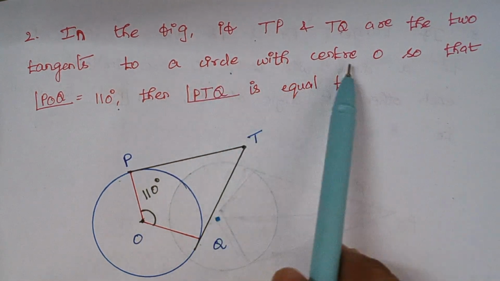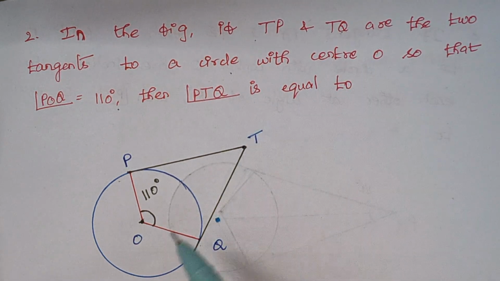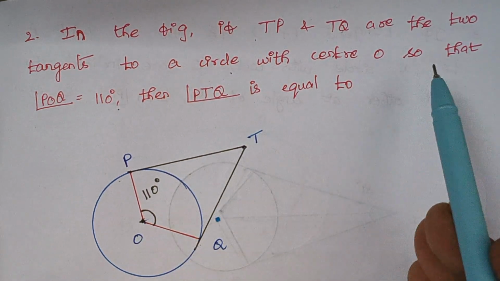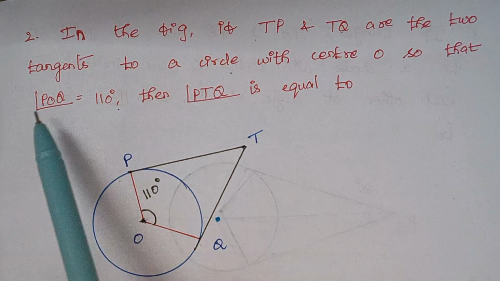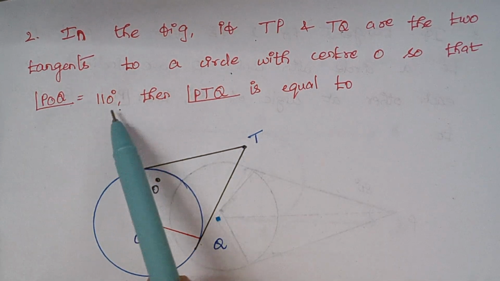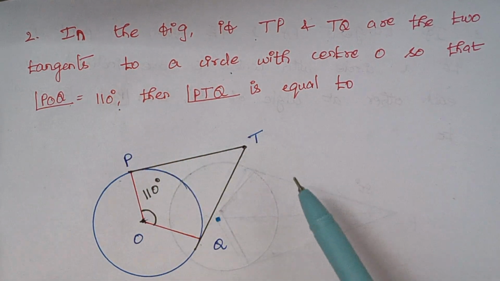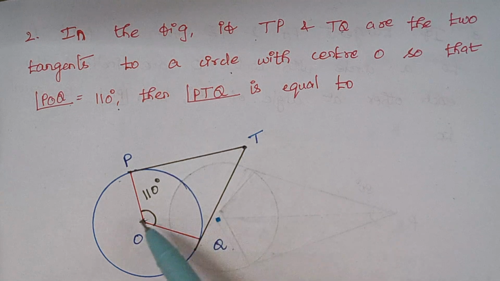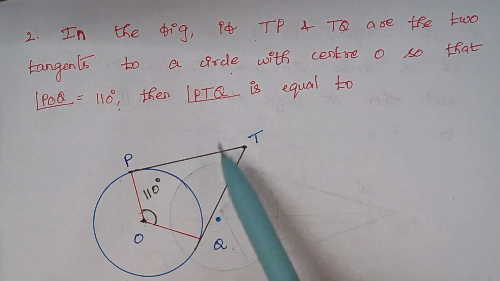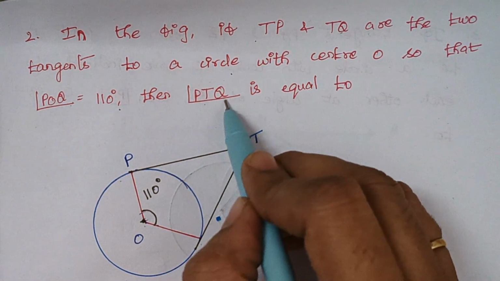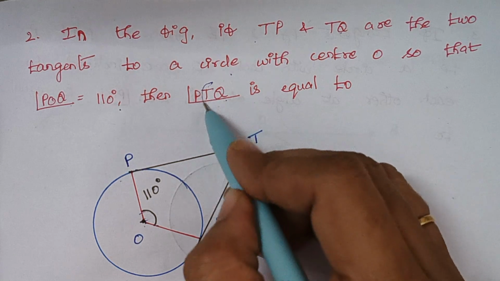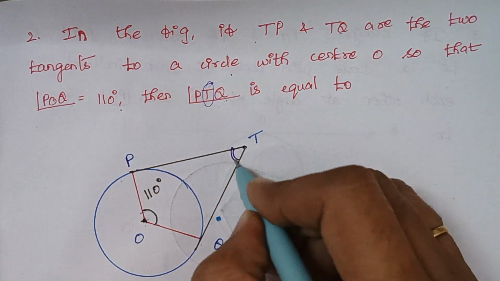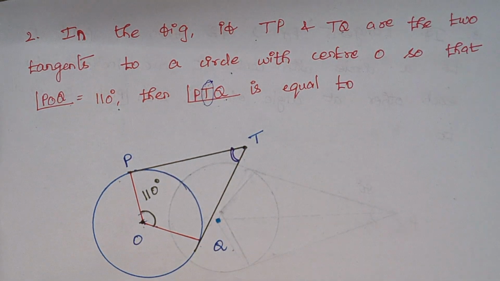And the center point of the circle is O, so that angle POQ is equal to 110 degrees. So this angle POQ is 110 and we have to find the value of PTQ. What it means? You have to find the value of T here, you have to calculate this angle.